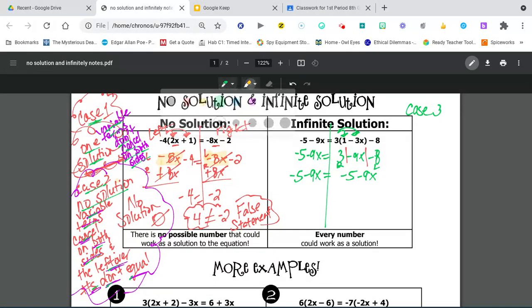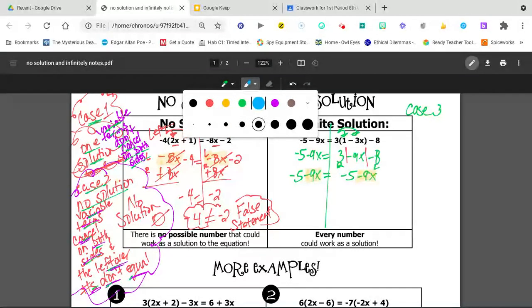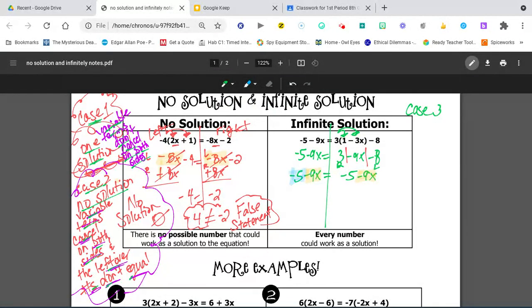Now I'm going to show you something on this one. The variable terms are exactly the same. But if you also look, the constants are exactly the same too. It's the same expression, just on different sides of the line. One expression is on the left and the other expression is on the right.